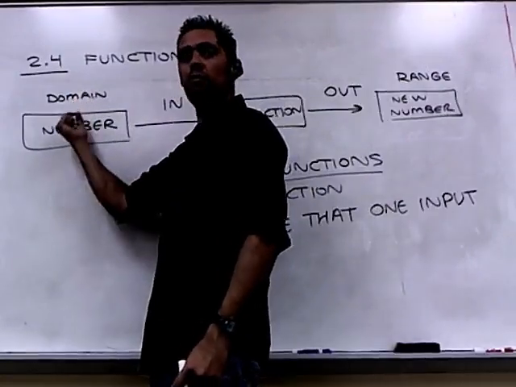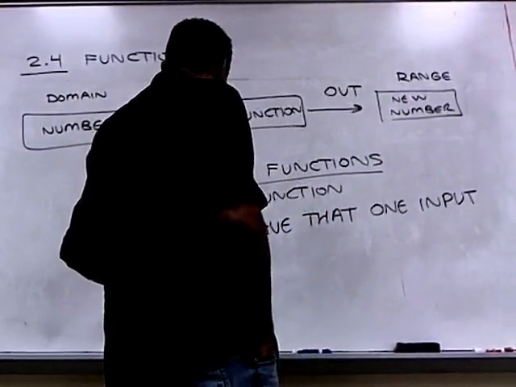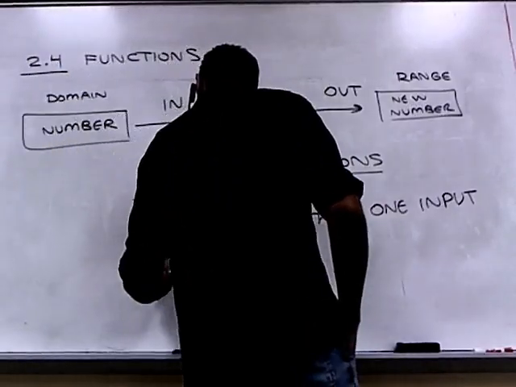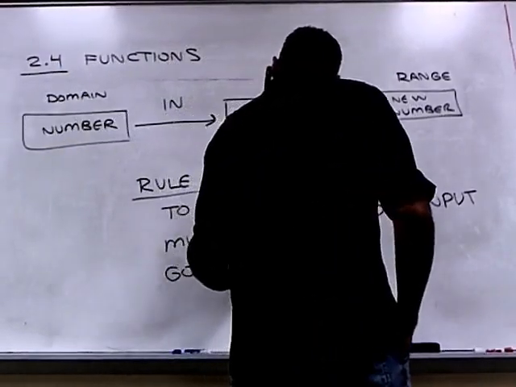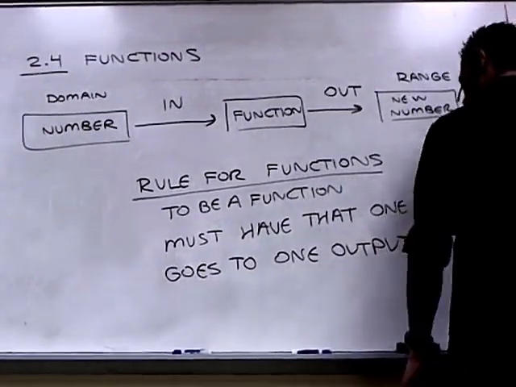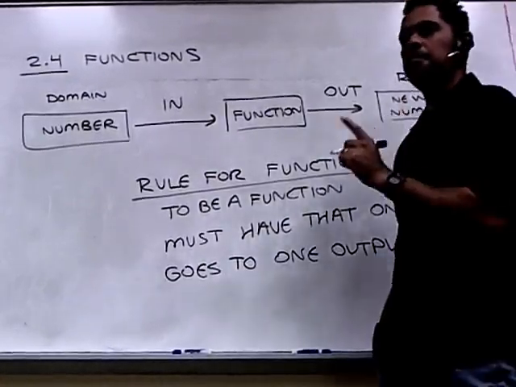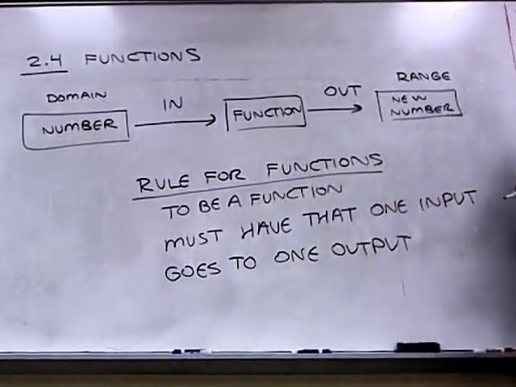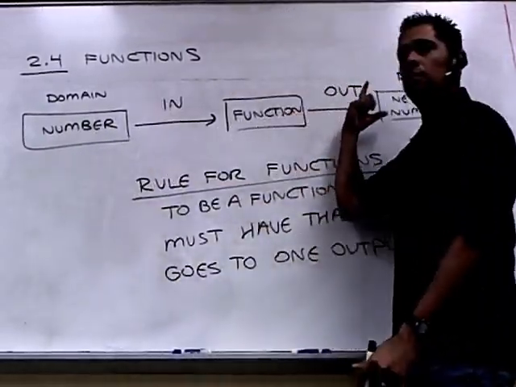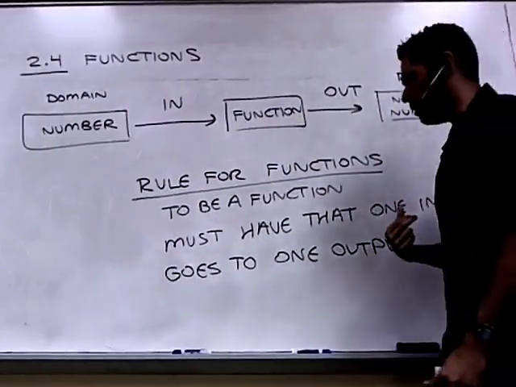For every one thing that you plug in, to be a function, that one input must go to one output. If I plug in a single number, to be a function, it must spit out a single number. You cannot have a function where it takes in a single number and it spits out 2 numbers or 3 numbers. That is no longer a function. So one input, one output. Got it?